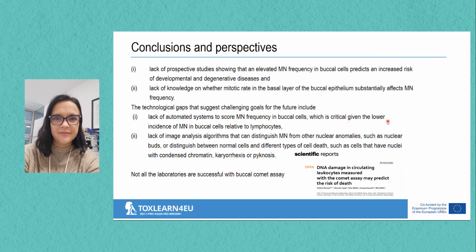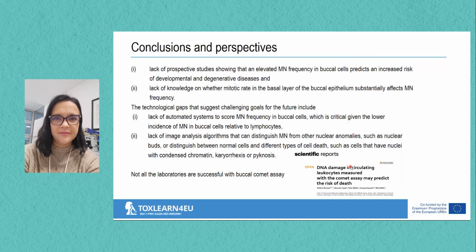The damage detected with those automated systems is lower than when you assess the micronucleus frequency yourself with fluorescent microscopes. There is a lack of image analysis algorithms so that you can check other different types of DNA damage. Considering the buccal comet assay, not all laboratories are successful with it.